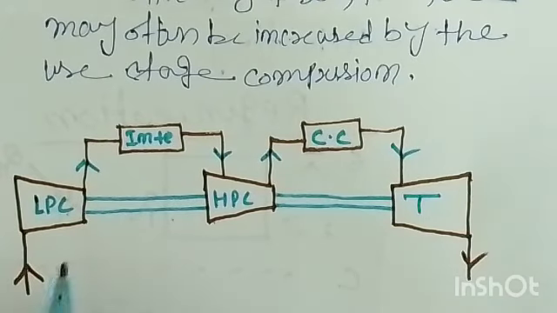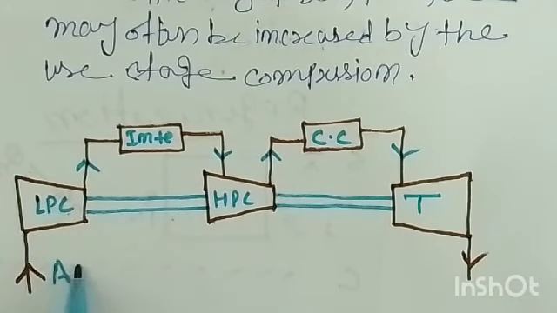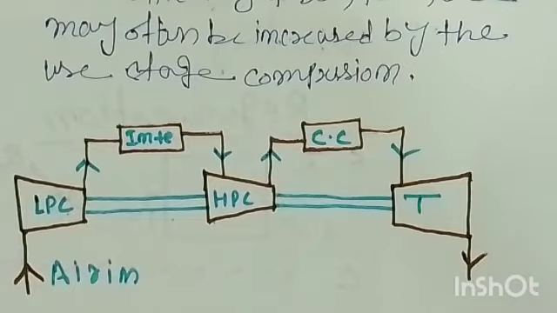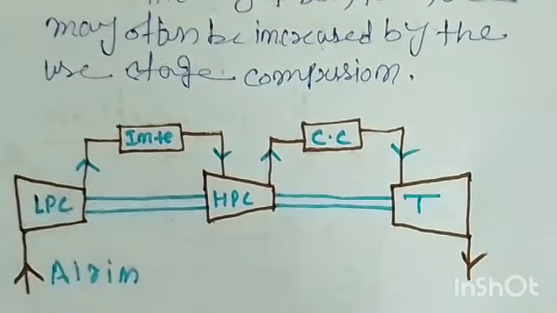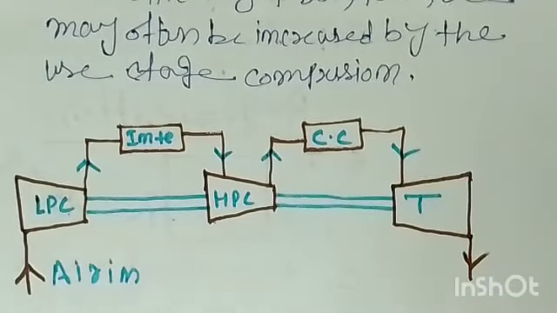First of all, what will happen, as you know already: air will enter the low pressure compressor from the surroundings. It is compressed reversible adiabatically, and then it will enter the intercooler. Why intercooler? Because when you compress the air, its pressure and temperature rise. At a high temperature we cannot send the air into the next compressor, so we must decrease the temperature.